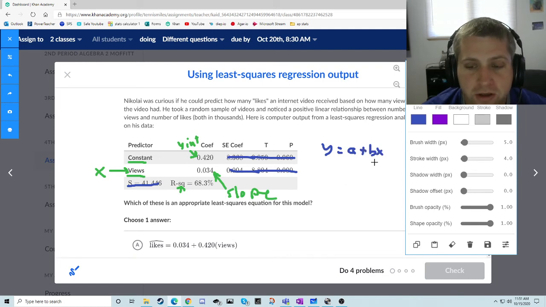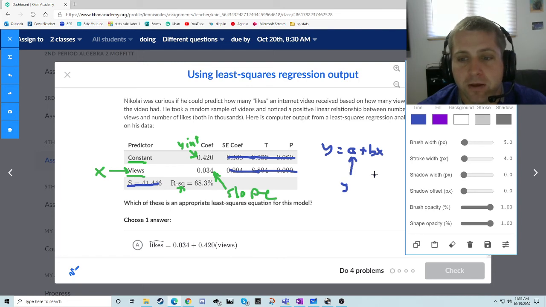The constant is this a, that's your y-intercept. And the slope is the coefficient on your x variable. COEF stands for coefficient, an algebra term, on your x variable, which is views. So this right here is your slope.